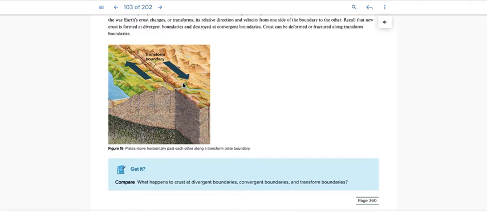So this is called a transform boundary. And the crust can be deformed, it can be fractured, but it isn't made or destroyed. It's just two things that are smashing past each other as they move along. And that's what causes a lot of our California earthquakes. The San Andreas Fault, which is very long and runs all the way up through California, is responsible for that. So that is the end of that section, and we will move on to the next one.